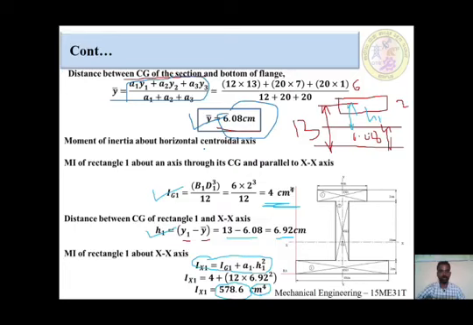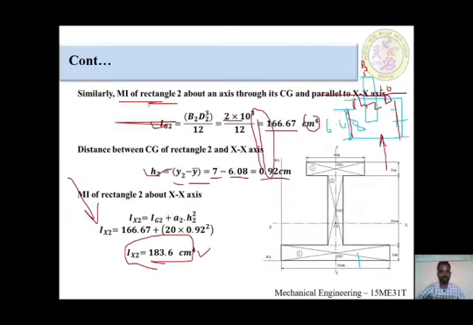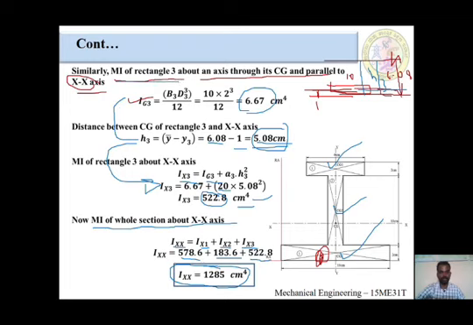We individually calculate rectangle 1, then rectangle 2, then I3 for rectangle 3, and the sum of all individual moments of inertia is the moment of inertia of the whole section about the x-axis. The value we got is 1285 centimeter raised to 4.